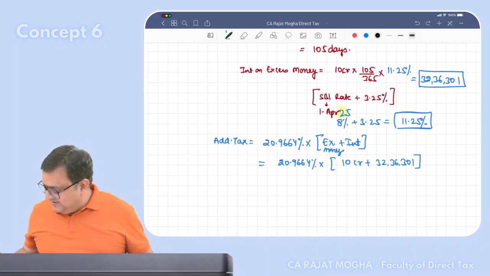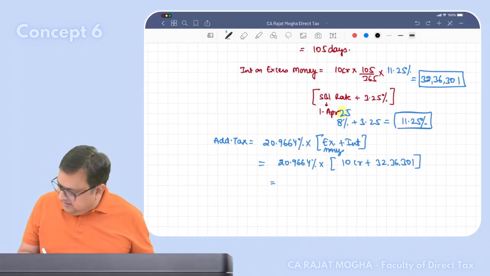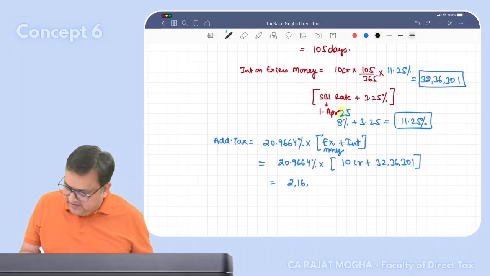Okay. 20.9664%. Is it coming like 2 crore 16 lakh 44,936?